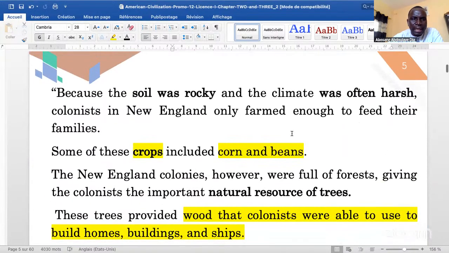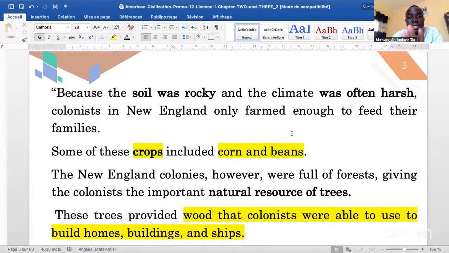And what else? Because the soil was rocky and the climate was often harsh, colonists, what does it mean? It means inhabitants of the colony. Colonists comes from colony, so it means those who lived in colonies, the inhabitants of the colonies.